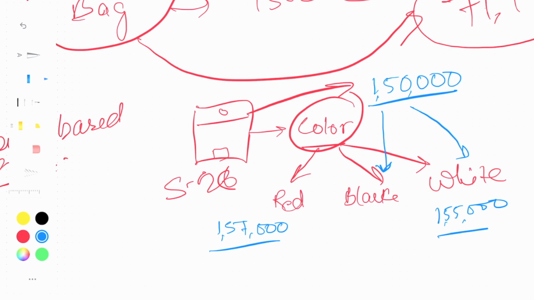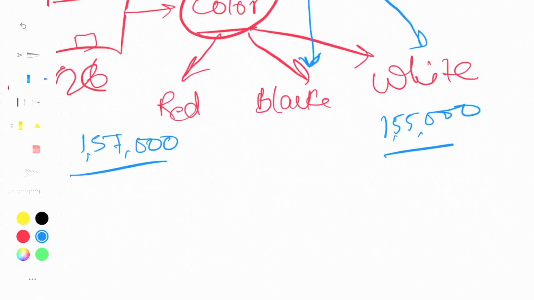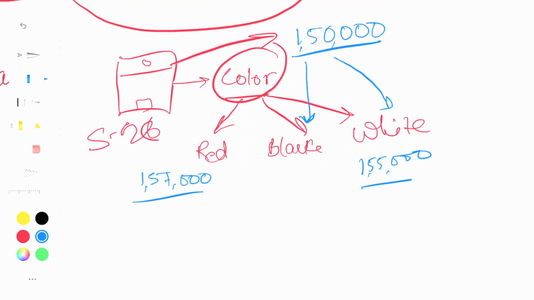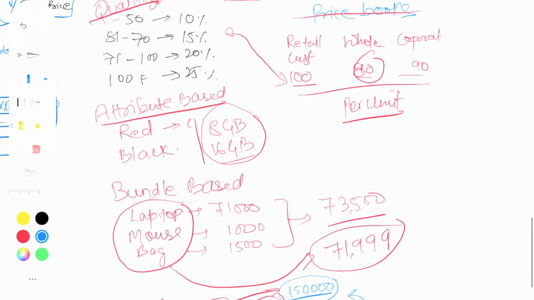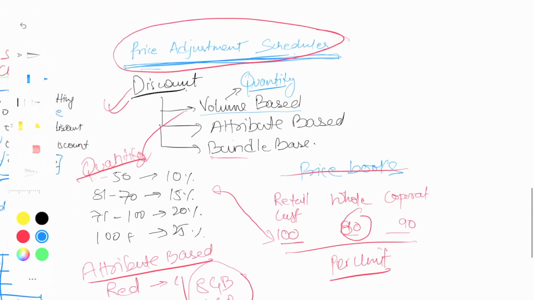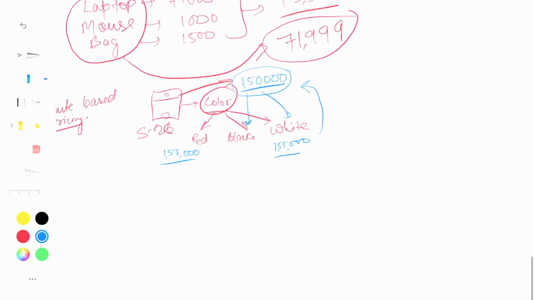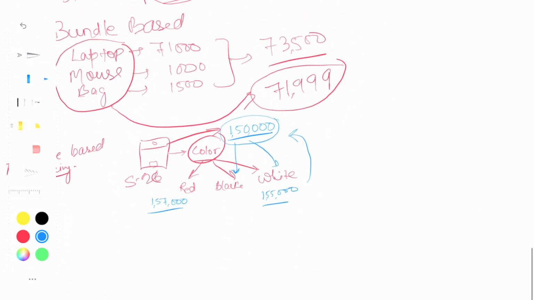In order to make this possible, we have to go for pricing overrides, meaning whatever the list price is, it will get overridden with the price adjustment schedule while calculating the amount.